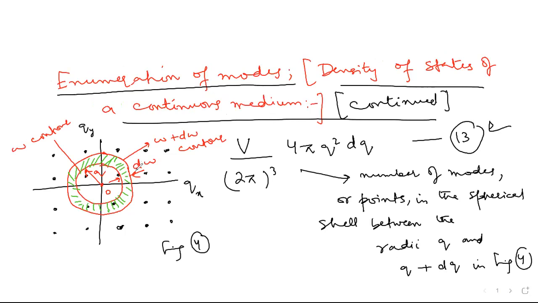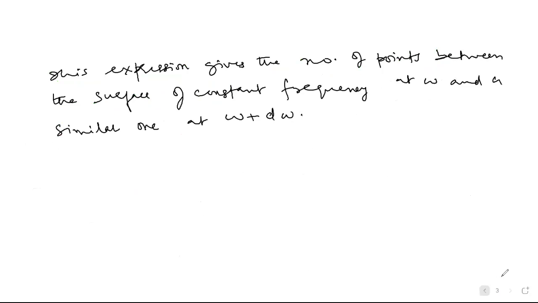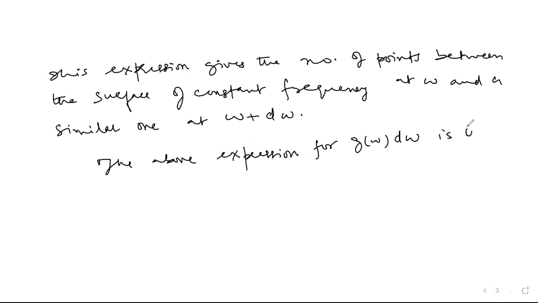Now the above expression for g of omega d omega is the number of points inside the shell.